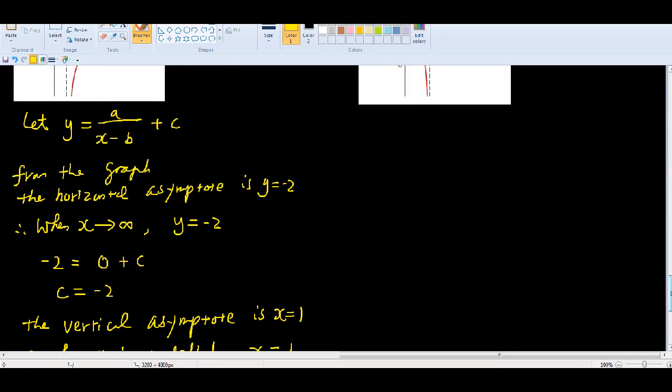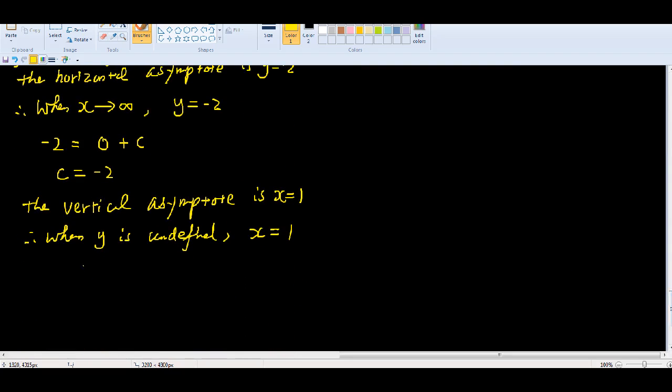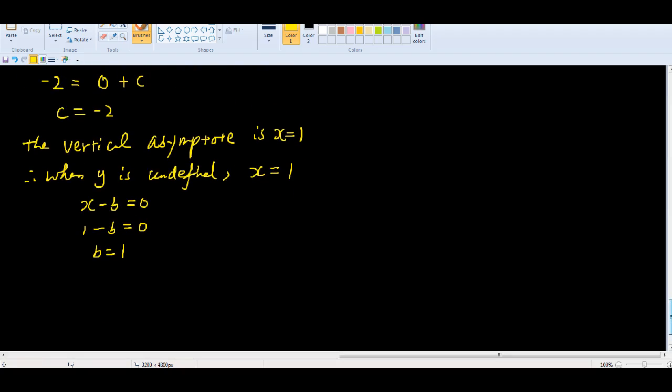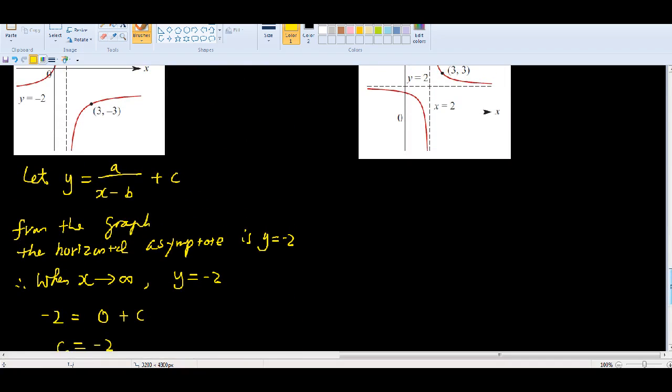But from the form, when y is undefined, you should have x minus b equals 0. So that means because x is 1, 1 minus b is 0. Okay, so b equals 1. So you could find b by using this. Right, so now you've got two parameters, b and c. You still need to find a.